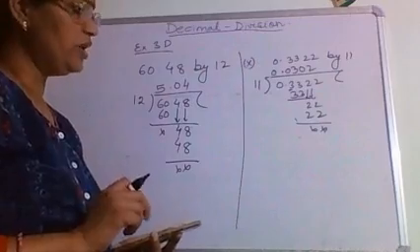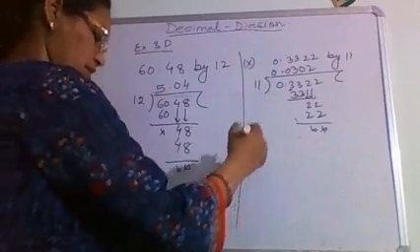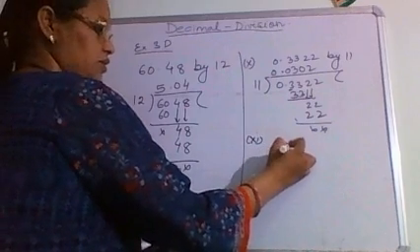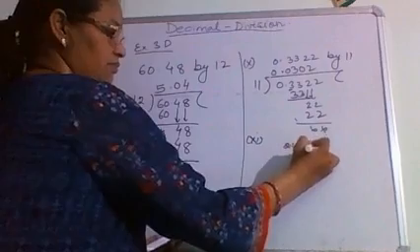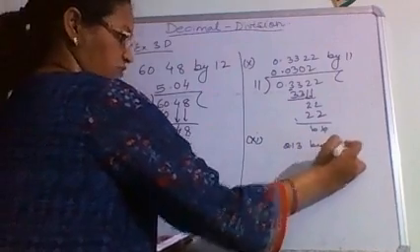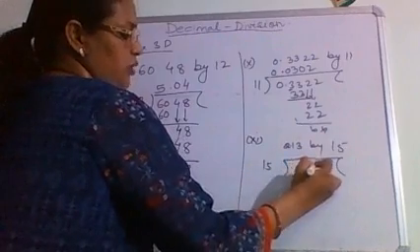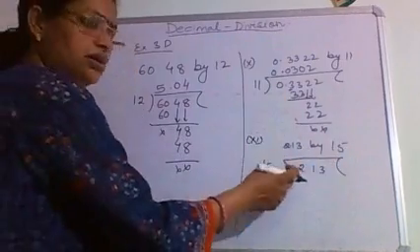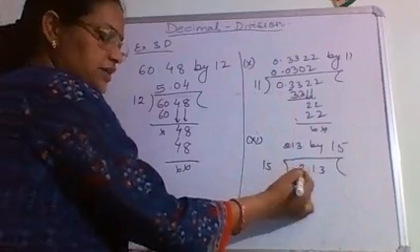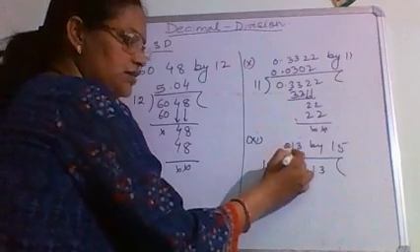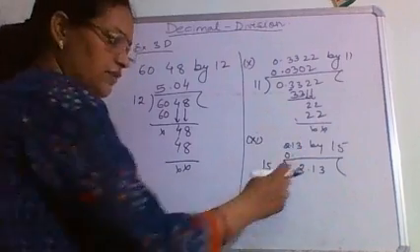One more example shall I take? Yes, one more example. 2.13 by 15. Now 2.13. Here a whole part is there, but it is smaller than my divisor. So I will take the point only, and I will take this 2 and 1.